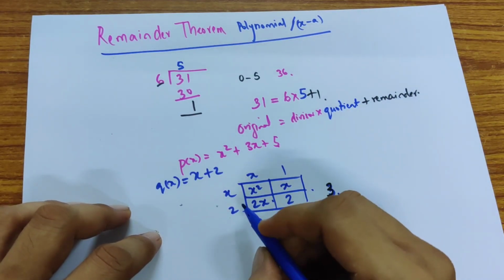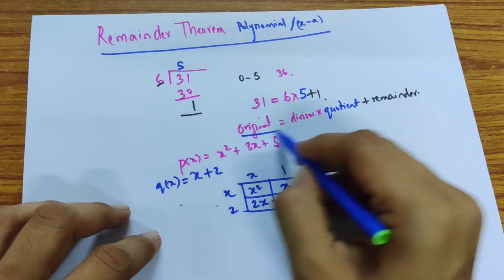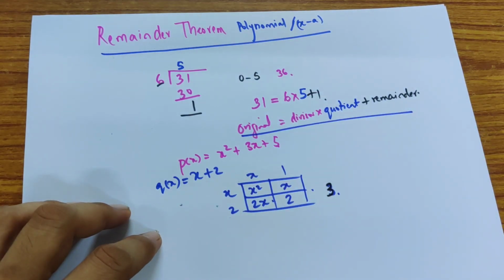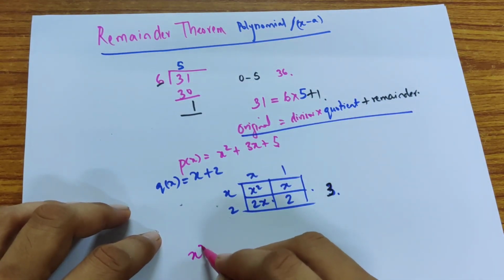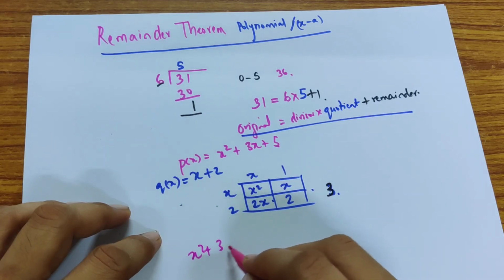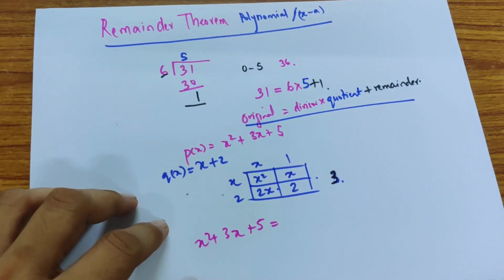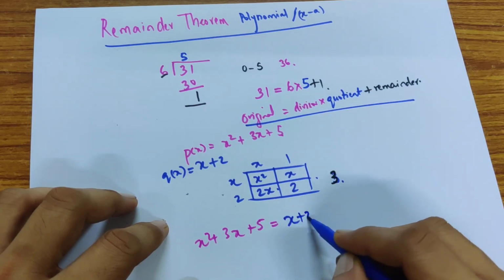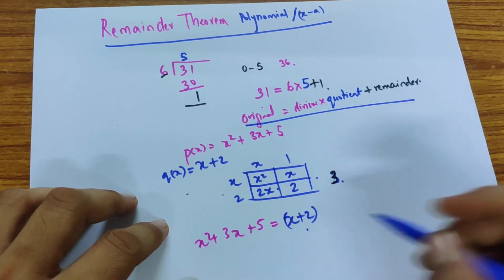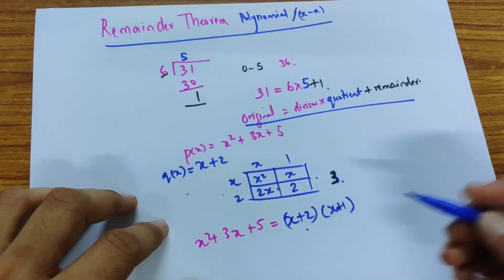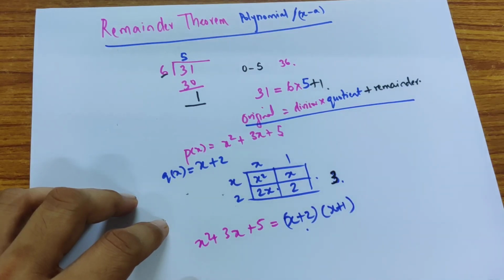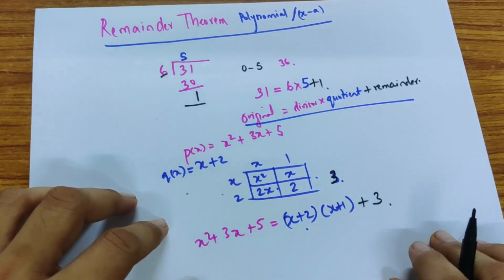Going back to this, I can express my original x squared plus 3x plus 5 as a product of x plus 2 with x plus 1, which is my quotient, and I will have a remainder of 3.